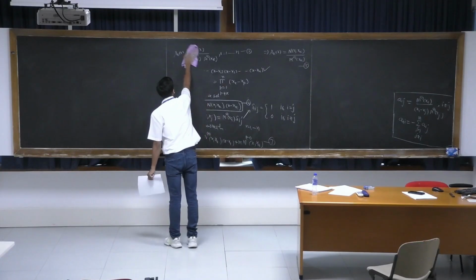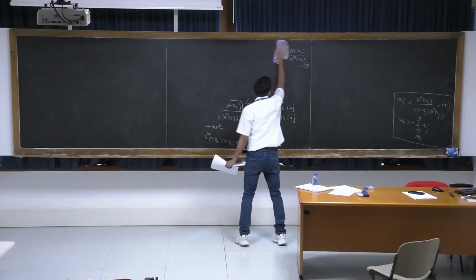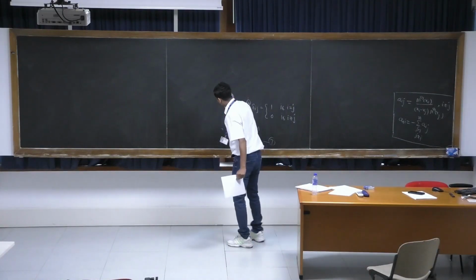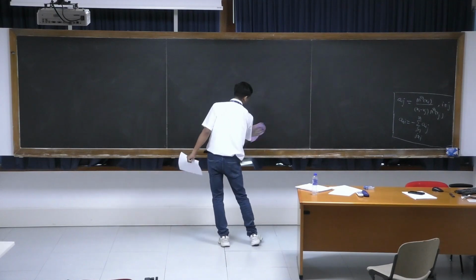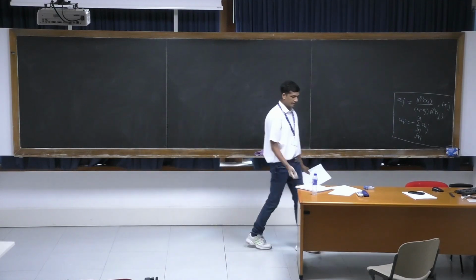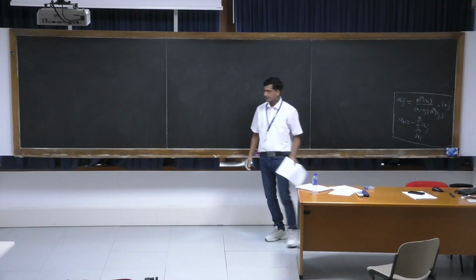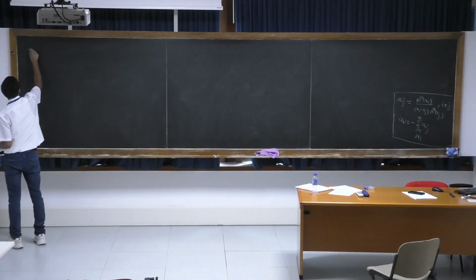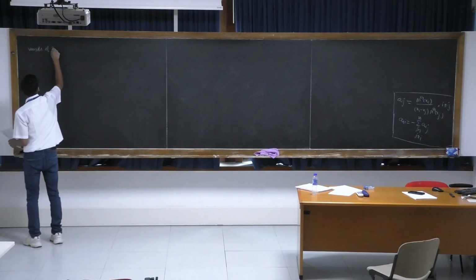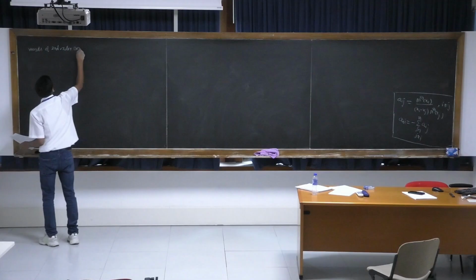But if you have to solve a PDE of higher order, then you have to compute the weights of higher order. Generally people are interested in second order and fourth order, the biharmonic. So up to fourth order, that is okay. So again, weights of the second order derivative.